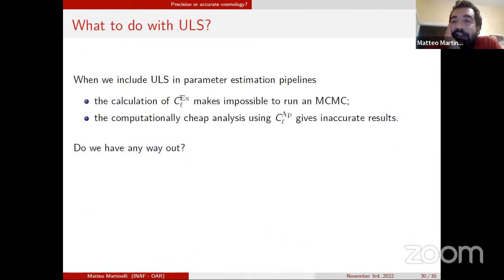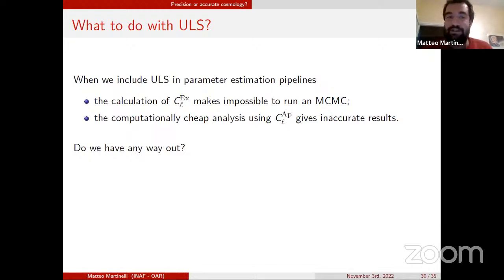So basically, this is the issue that we face. And it's something that comes up with the newest surveys with higher sensitivity, larger scales detected, and so on. We cannot make this calculation for a run with MCMC, and if we use the approximation, we get inaccurate results.